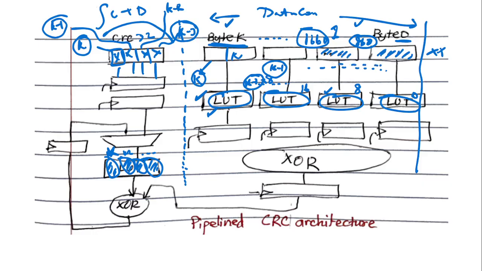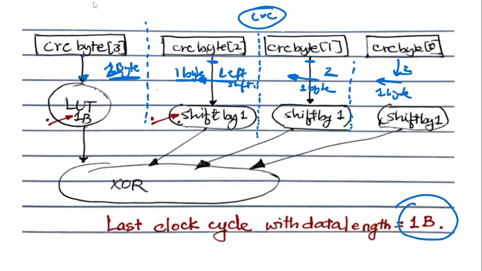So for the last clock cycle, data can still be loaded in these registers. But for CRC, if there are 4 bytes or more, then CRC can also be loaded just like data, because each of these evolves exactly by that amount.